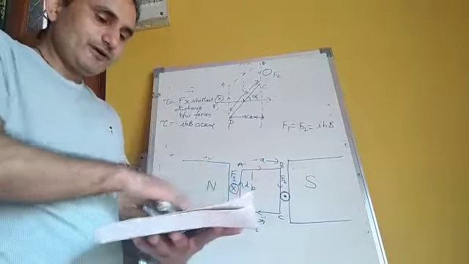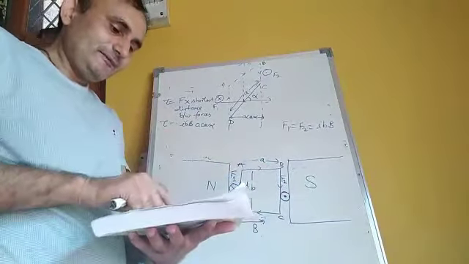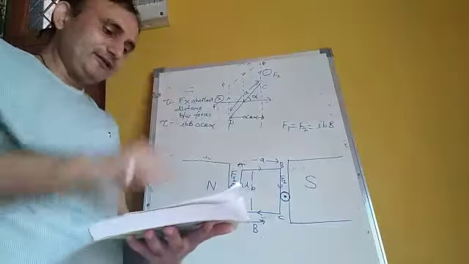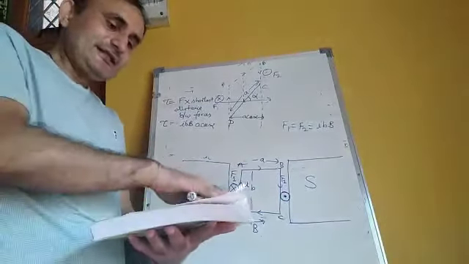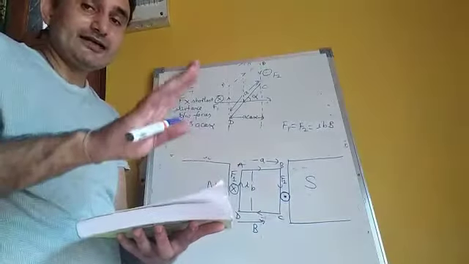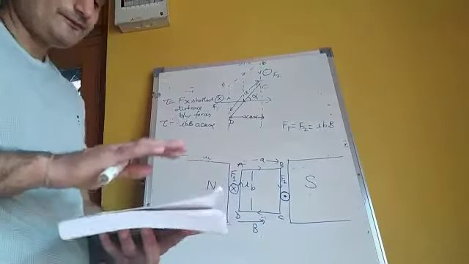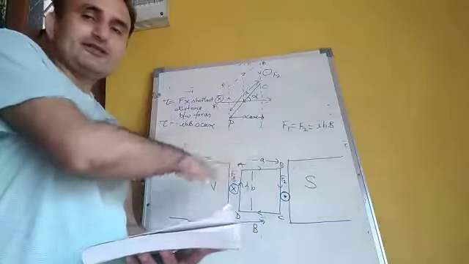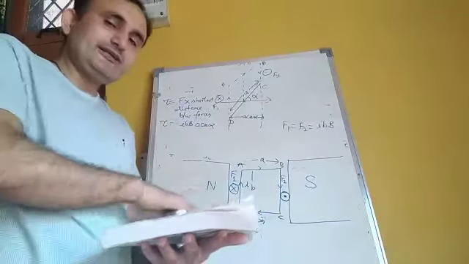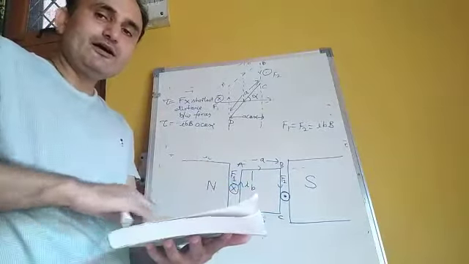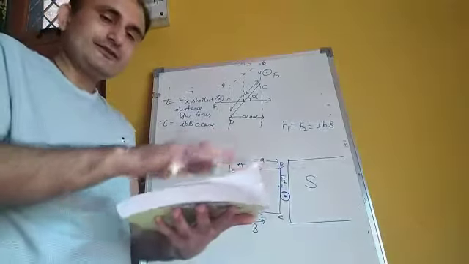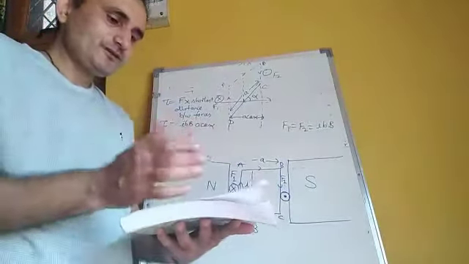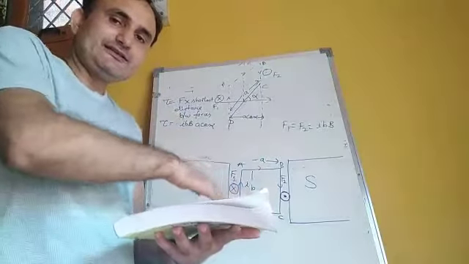What we do, we take a perpendicular line which is perpendicular to this plane area, and this area has a direction. Whenever we are talking about these current loops, we give a direction to the area of the loop. Suppose current is moving in this direction.